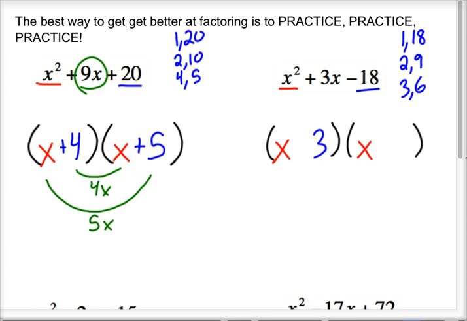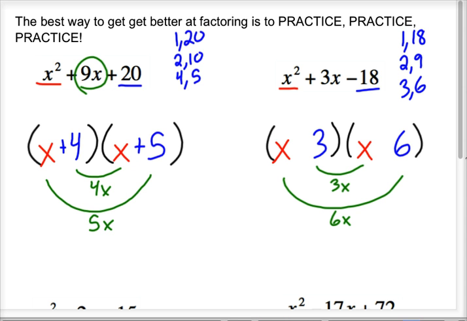I'm going to focus on the 3 and the 6. Now, I'm looking here at my combination. So right now, I have 3x and I have 6x. Now, keeping in mind that one of those I'm going to have to make negative, I need to figure out, is it possible to get 3x from that? And the answer is yes. Yes, you can.